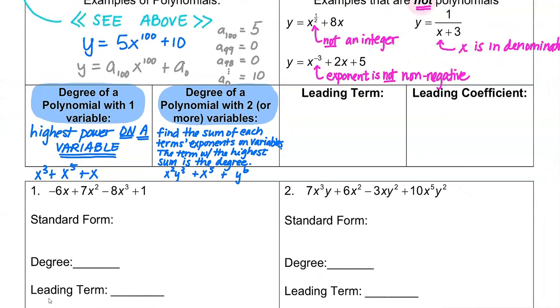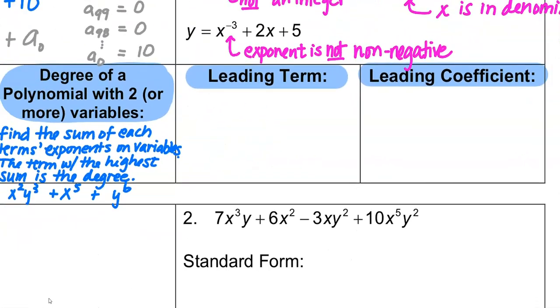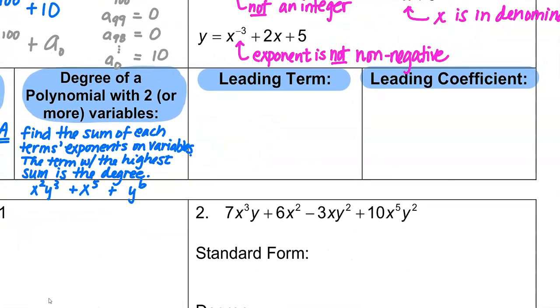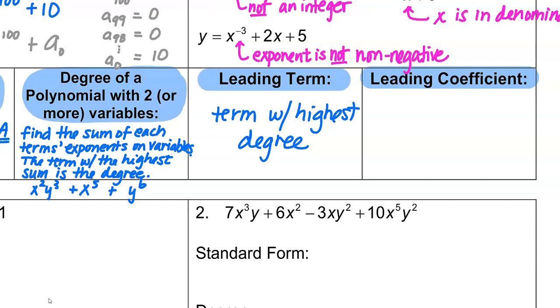Okay, so leading term and leading coefficient are super important to this unit. Degree is also, and degree in one variable is probably the most important. So the leading term is the term with the highest degree. The leading coefficient is the coefficient of the leading term.